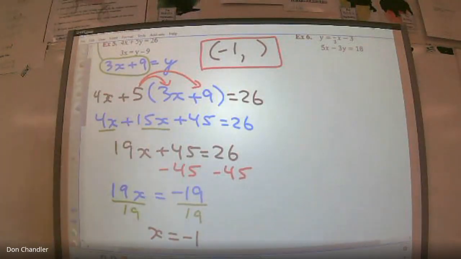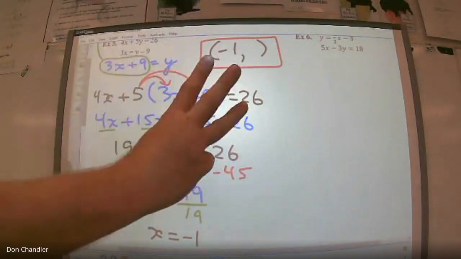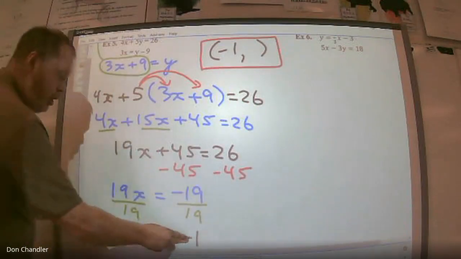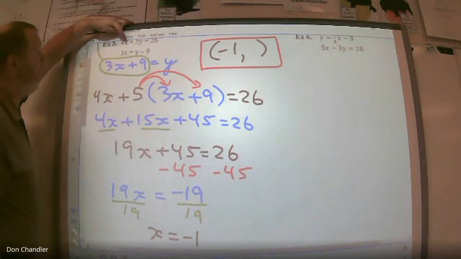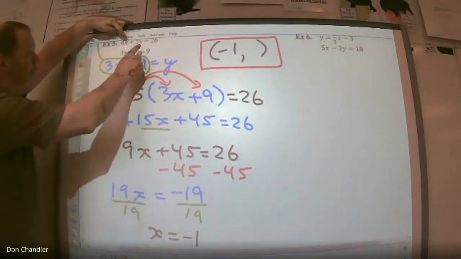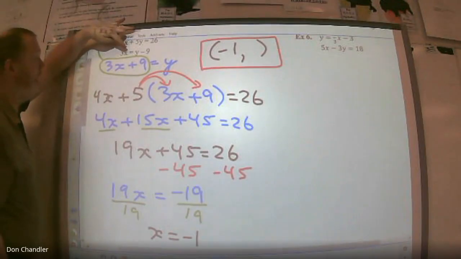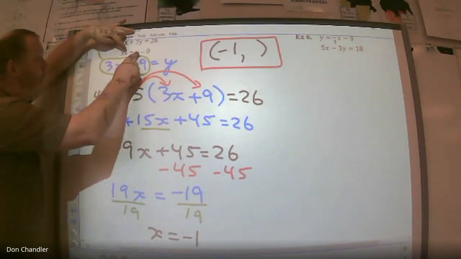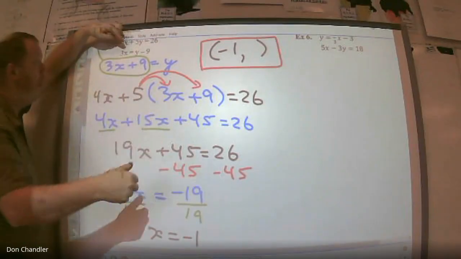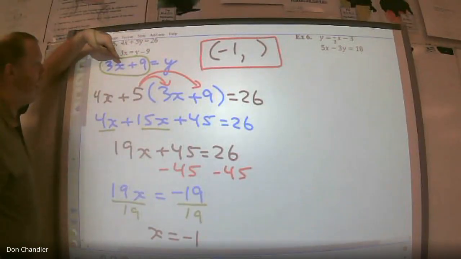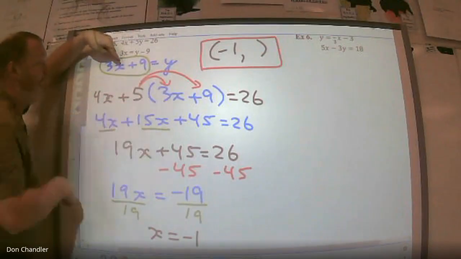Now, how do I get y? You have 3 choices. You want to put the negative 1 in for the x right here and solve for that y? Go for it. You want to put the negative 1 into that x right there and solve for that y?